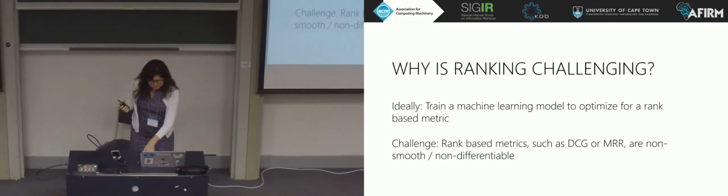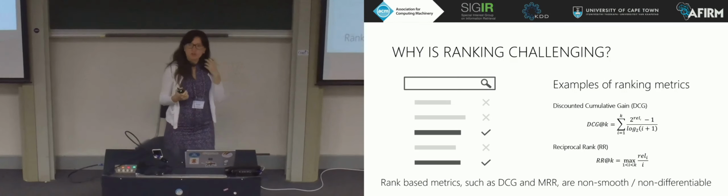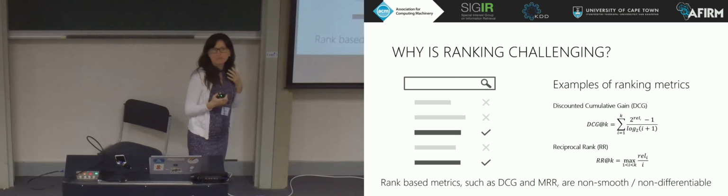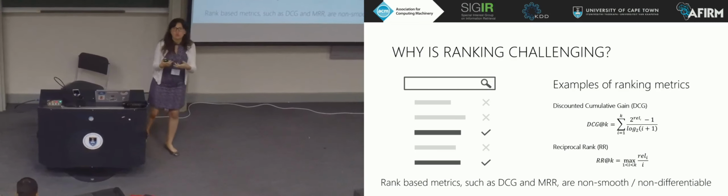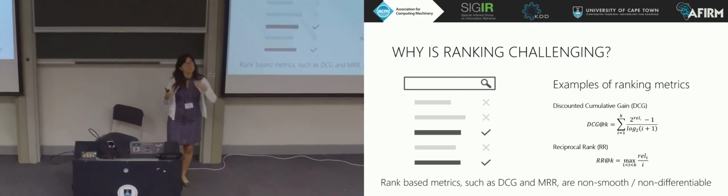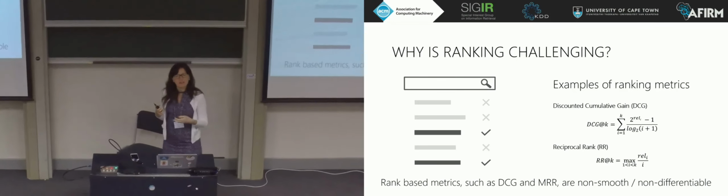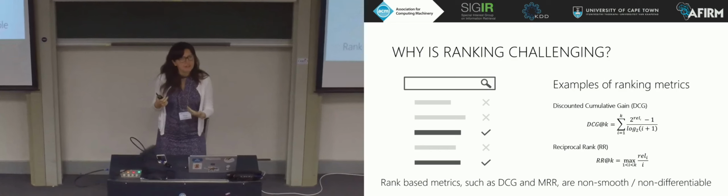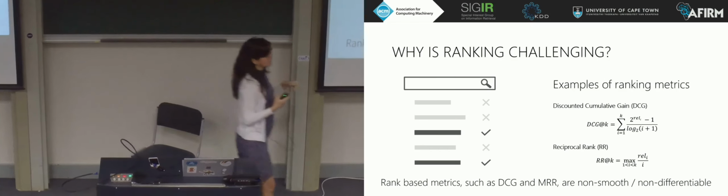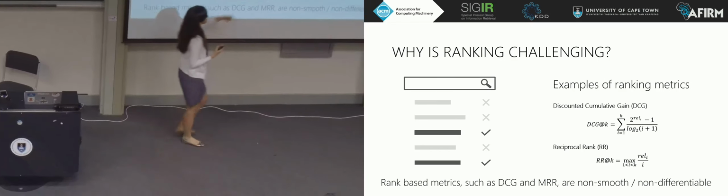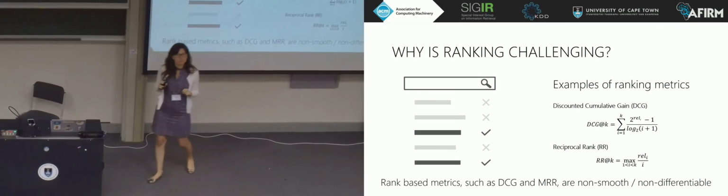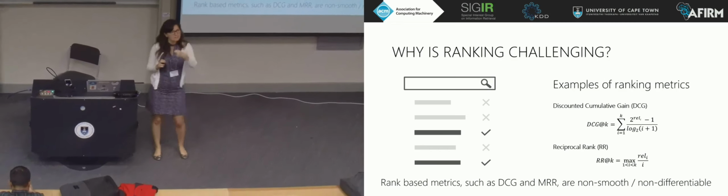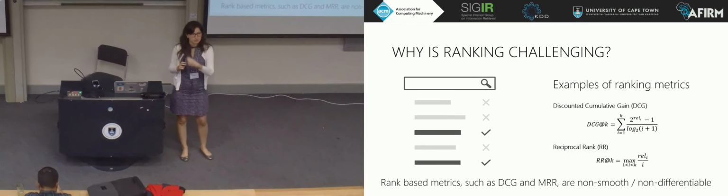What we mean by that is, if you think about how ranking works or how these metrics are computed, you generate some sort of scores. Let's say you have a learning to rank algorithm. It generates these scores, and then based on these scores, you can produce a ranking. But when you try to optimize for one of these ranking metrics, you have to do a sort operation on these scores so that you can assign ranks to each of these candidate documents.